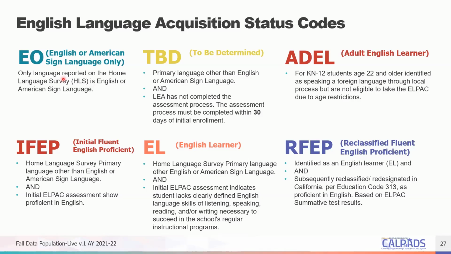And your EO, TBD, ADEL, and RFEP can be self-reported by the LEA through a batch file or through online maintenance and sent to CALPADS. The EL and IFEP can no longer be sent by an LEA. This will actually be sent by TOMS back to CALPADS after a student completes testing.